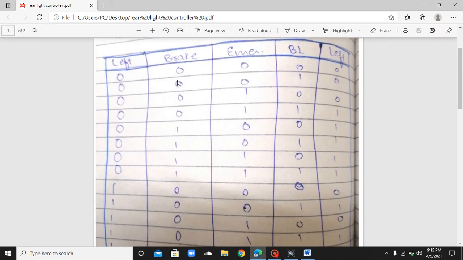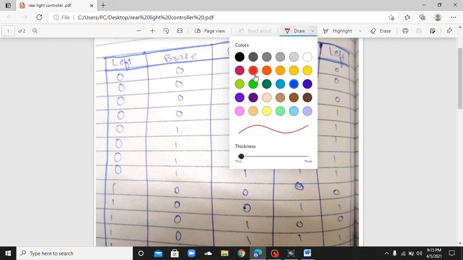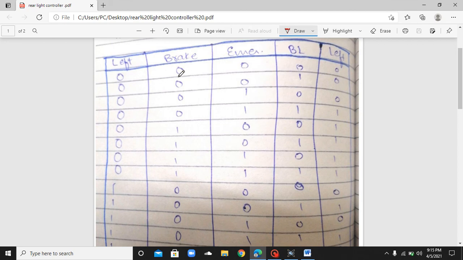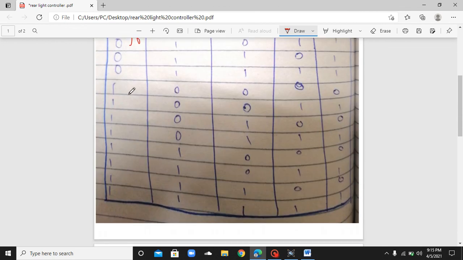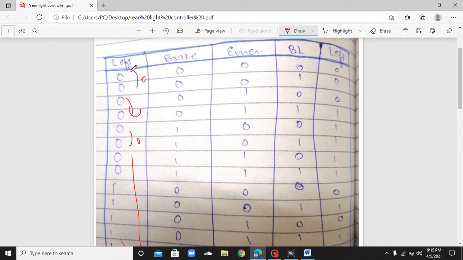If we make pairs of 2, I am going to explain over here. Basically these are two zeros and two zeros, and the whole truth table will be paired. So these are the two pairs of 0 0, 1 1, and so on.